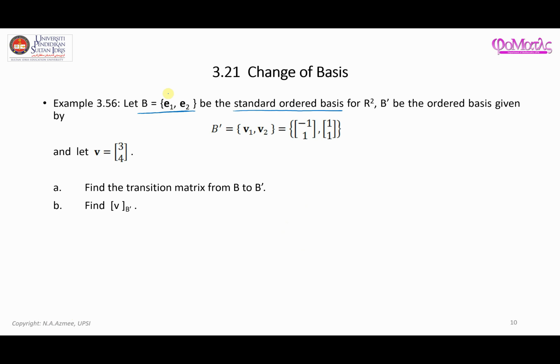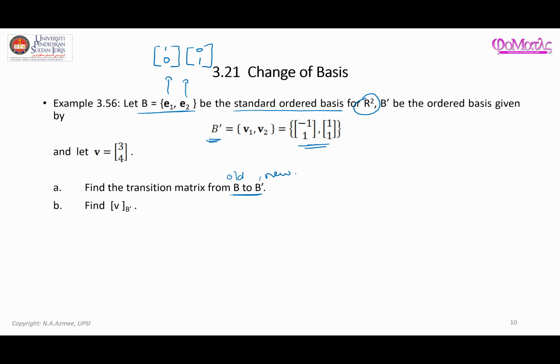In other words, e1 is 1, 0, dimension 2, and this one must be 0 and 1. So that is the standard basis. And B prime is given by this one here. Well, find the transition matrix from B to B prime. So the old one is this, and this is the new one.